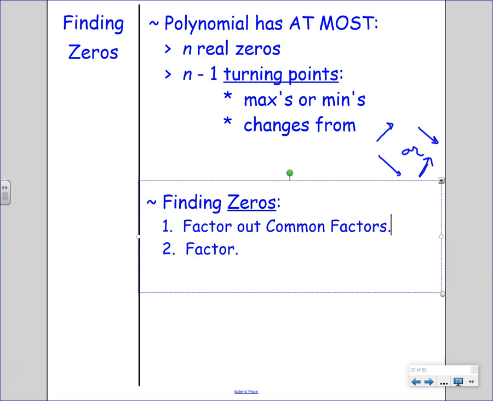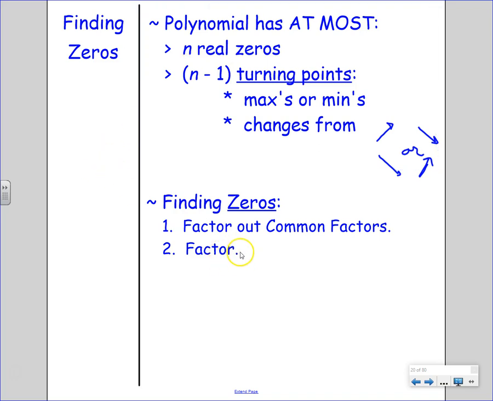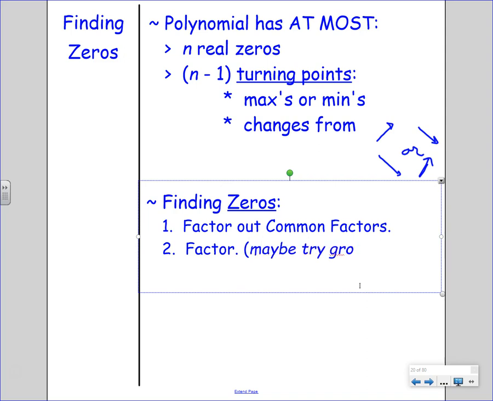It depends. Also, I'm going to put in parentheses. That's a little better. I'll put that instead. Grouping sometimes works. For cubics, rarely. Sometimes it works.